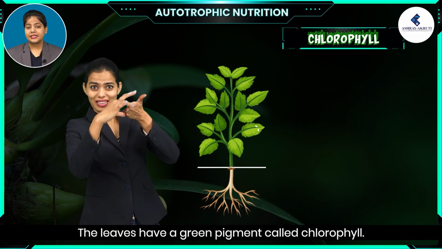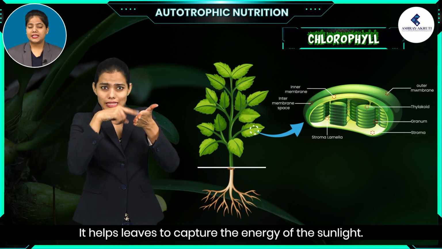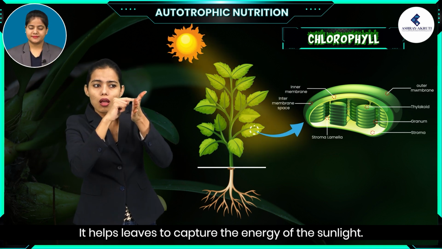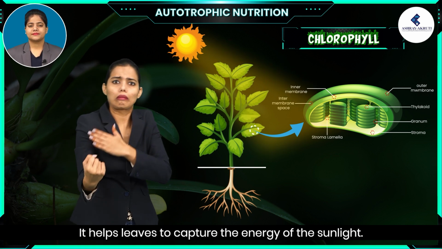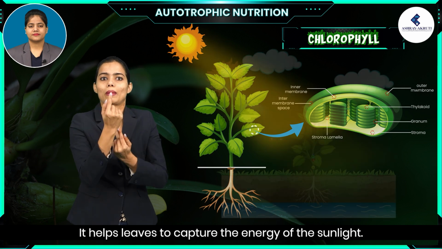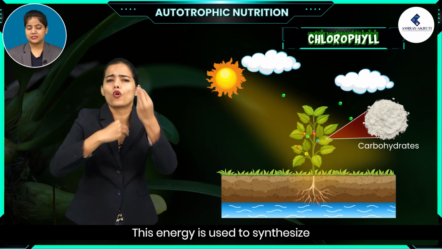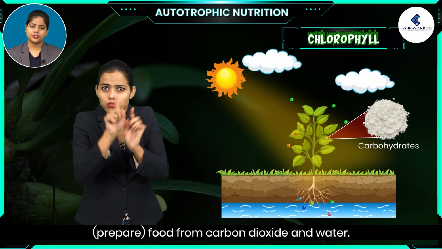The leaves have a green pigment called chlorophyll. It helps leaves to capture the energy of the sunlight. This energy is used to synthesize, prepare food from carbon dioxide and water.